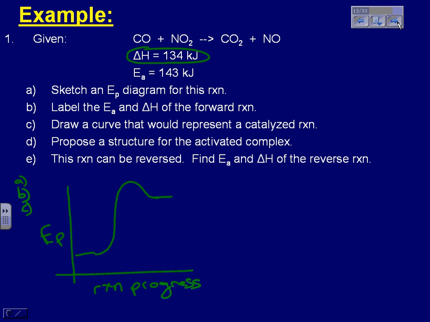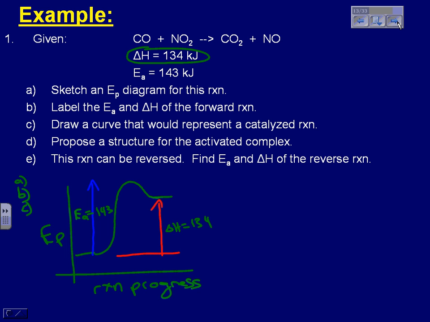Excellent. It wants us to label all of this information. So all the way up there, I have the EA, and that is 143. From our starting point to the end, that's our delta H. That's 134.